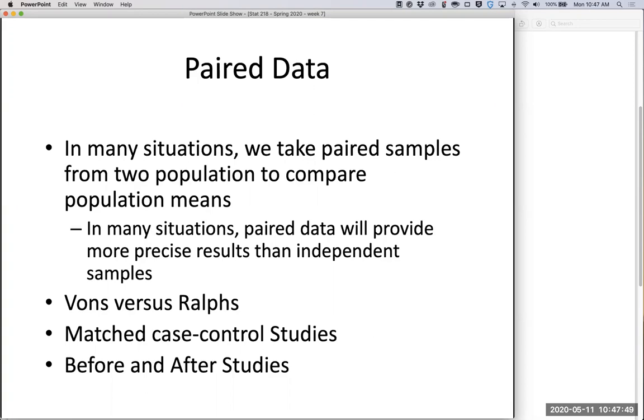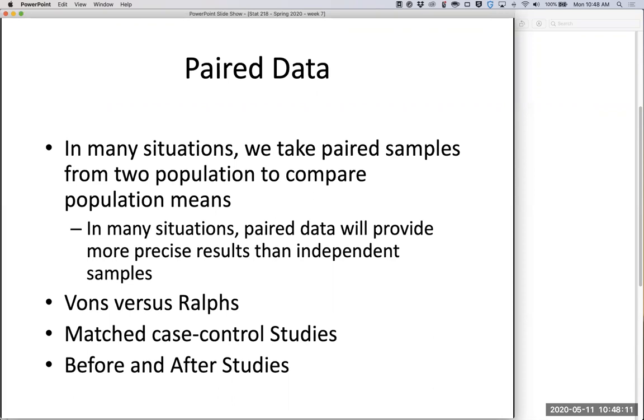They did that by doing a before and after study. They had everyone take the SAT before the class, and then again after, and they found the gain in the number of points. Then they took an average, and from that they developed a confidence interval or tested a hypothesis about whether the average was zero or not.